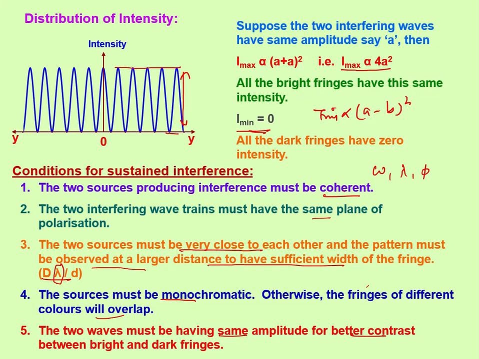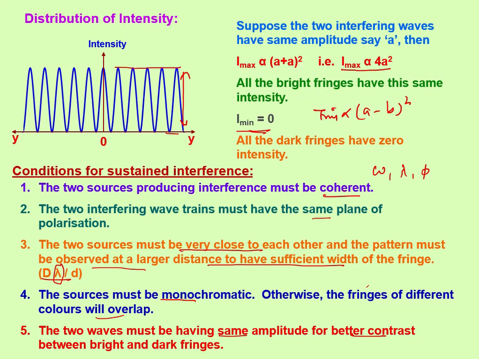So this concludes our topic of interference of waves. What we have studied is the types of interference: constructive, destructive. Then we studied conditions for maxima and minima, that is amplitude and intensity are maximum when path difference is n lambda. Intensity is minimum when path difference is (2n plus 1) lambda by 2.